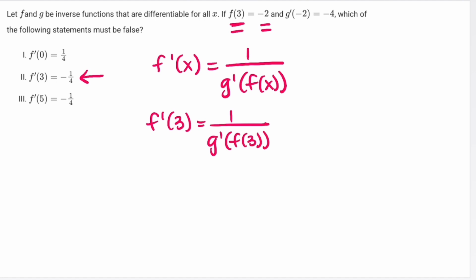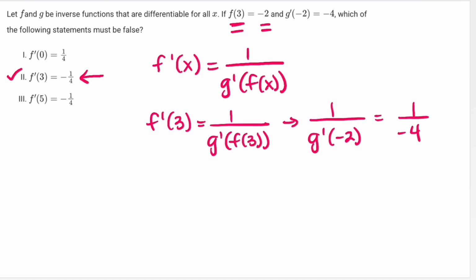And we know that f of 3 is negative 2. So it'd be 1 over g prime of negative 2. And g prime of negative 2 is 4. So it'd be 1 over negative 4. So we do know that that one 100% must be true because they're inverses of each other.